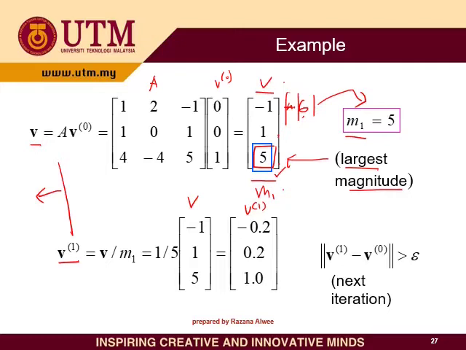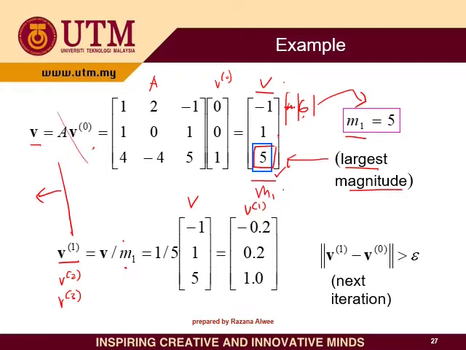We find our next v1, and if it does not satisfy the error, we find our v2. Again, if not satisfied, we find our v3 using the same thing. Find the vector first, and then find the next one. We do it again and again.